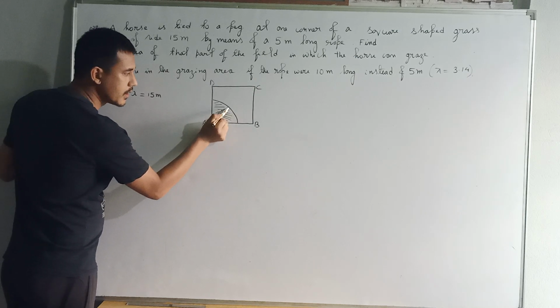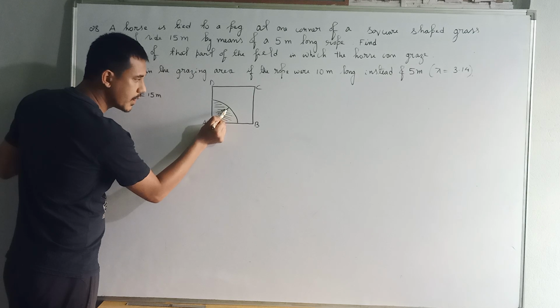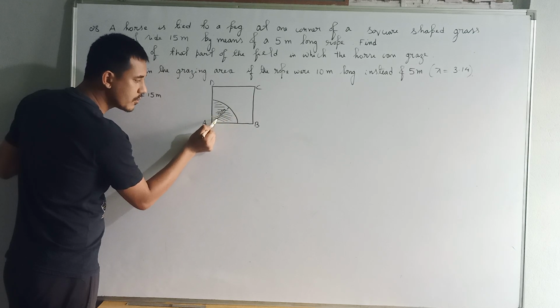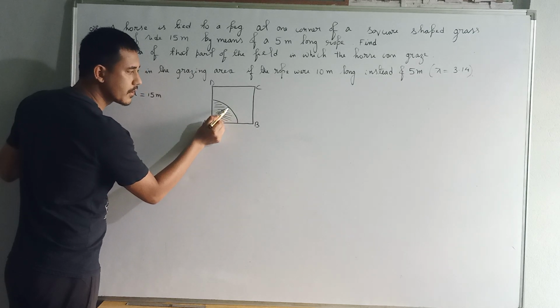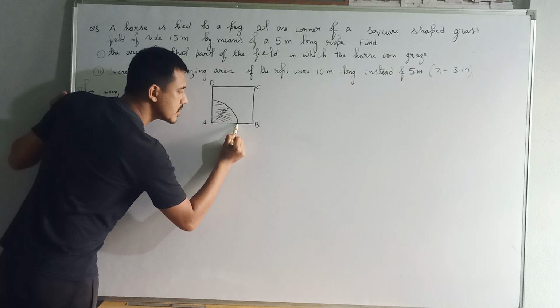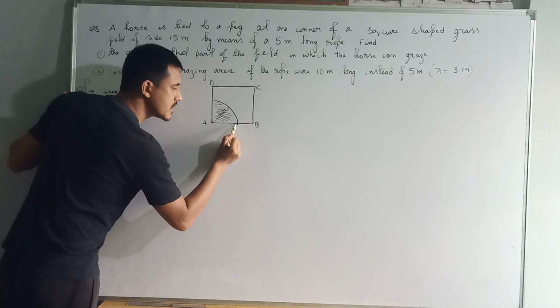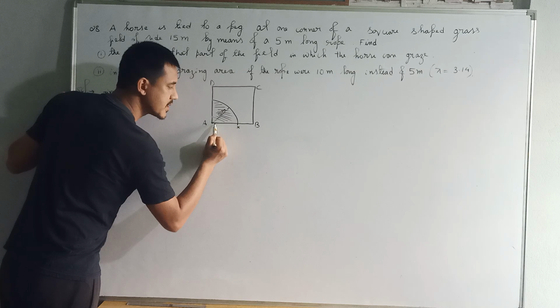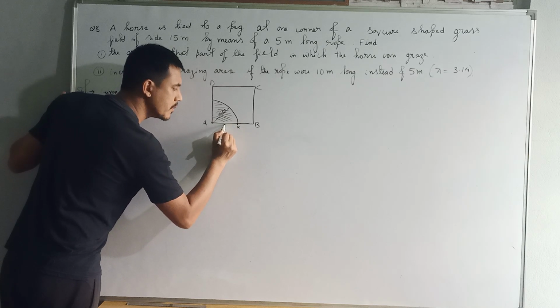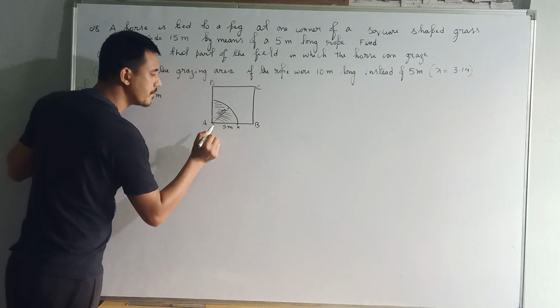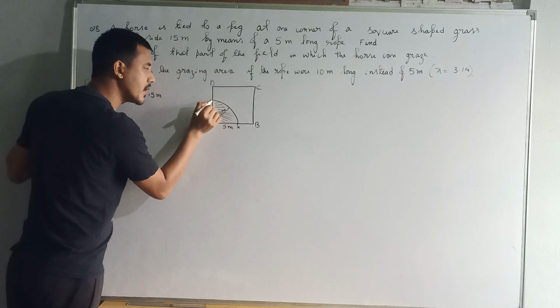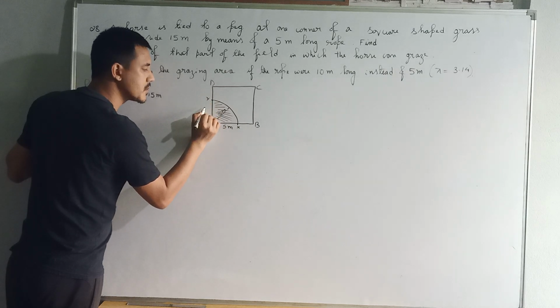Now the length of the rope is given to be 5 meter. So this length, let's say AX, will be 5 meter, and this length AY will also be 5 meter.